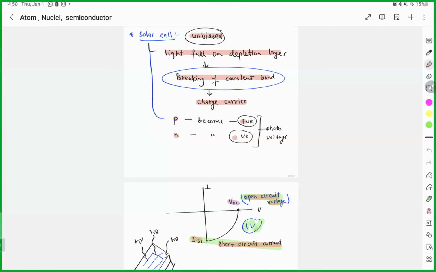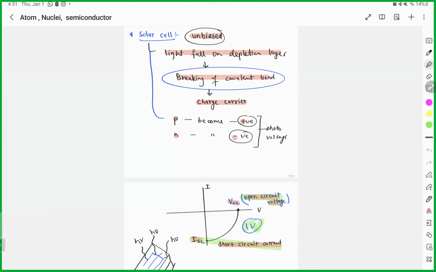The graph is important. This graph, open circuit and short circuit, because there is no proper forward biasing and reverse biasing. In forward, you should have the graph in the first quadrant, and in reverse bias, in the third quadrant.